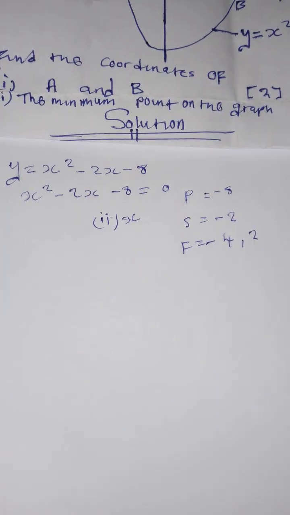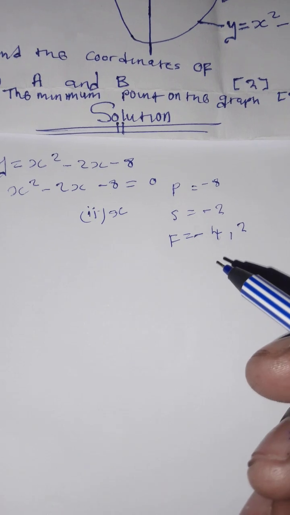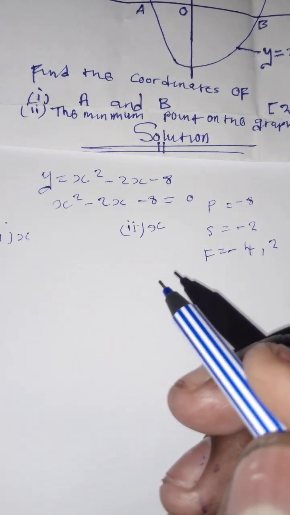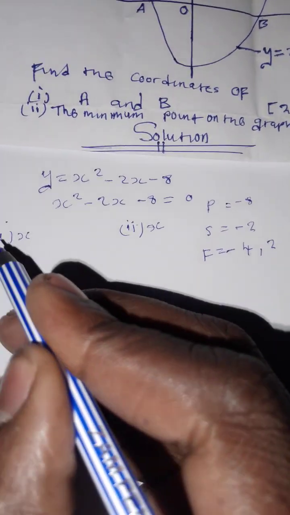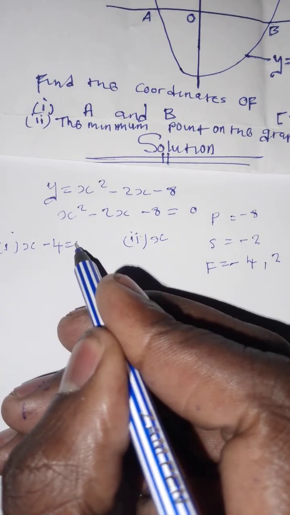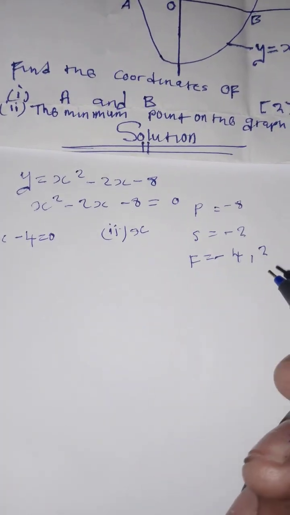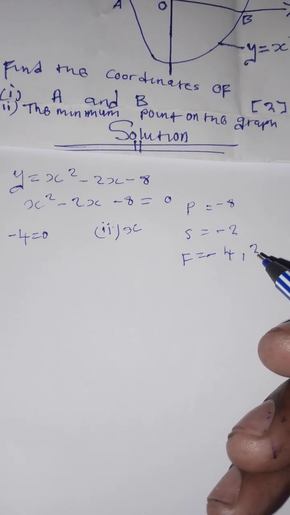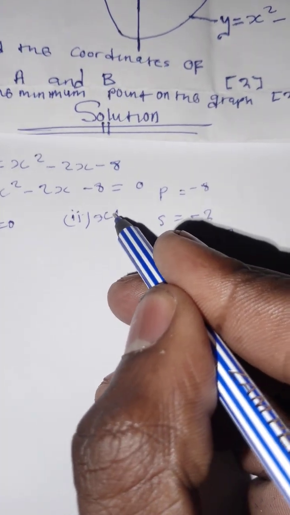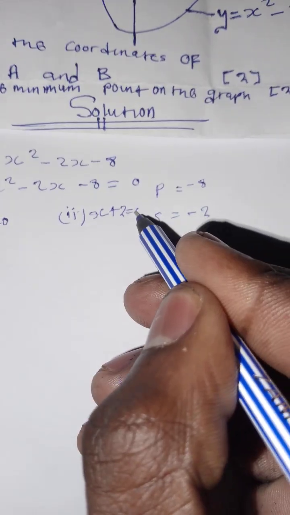Now, we use the first factor, which is −4, so it will be x − 4, and we equate it to 0. For the other equation, we check the second factor, which is positive 2, so it will be x + 2 = 0.